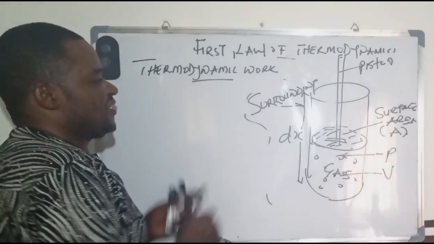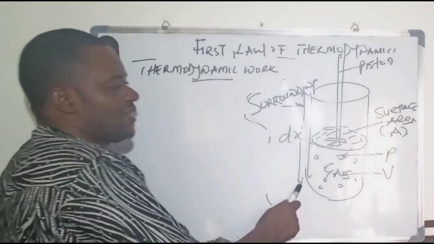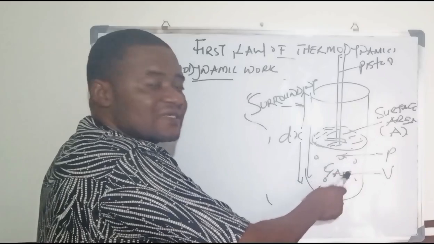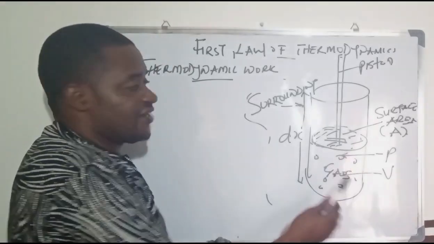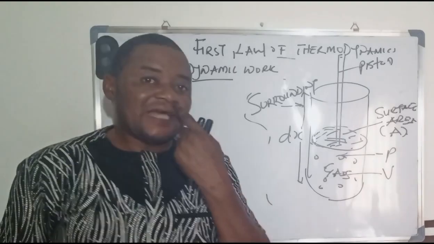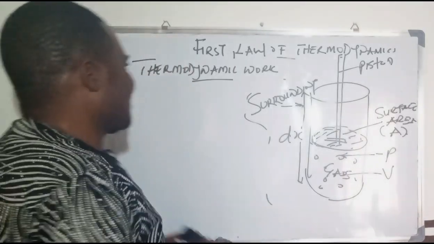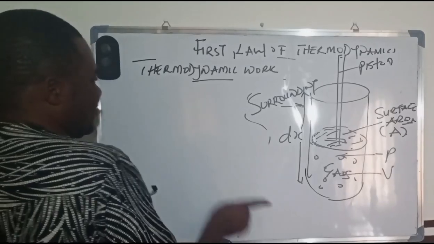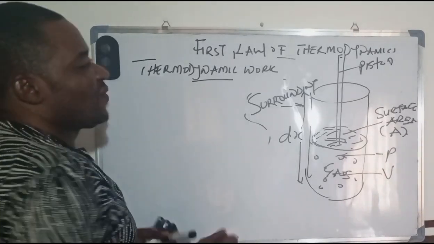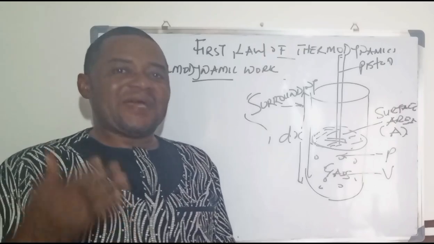Now, if we have these parameters that describe the distance covered by the gas, the pressure of the gas, the volume of the gas that will always change as well, and the surface area, how do we now determine thermodynamic work? Let us look at it. I want us to first understand that there is a force exerted by the piston.